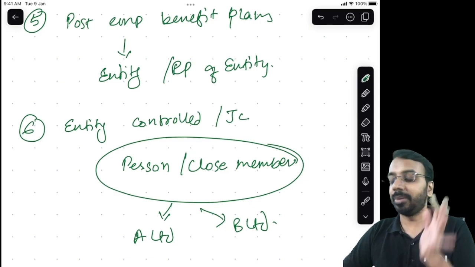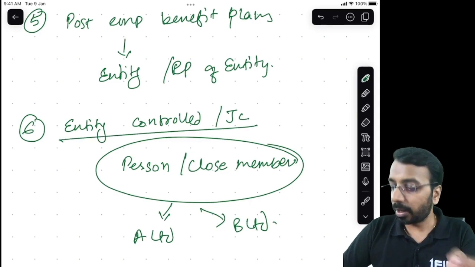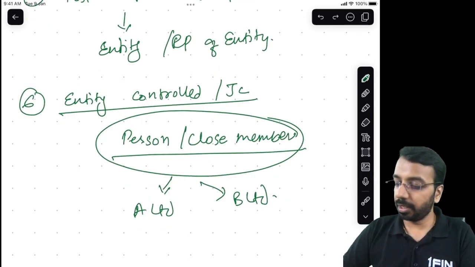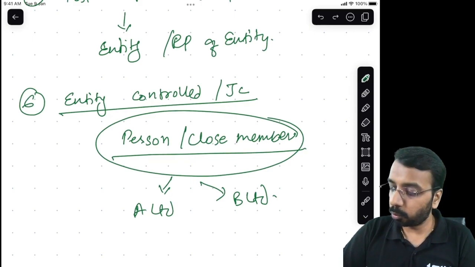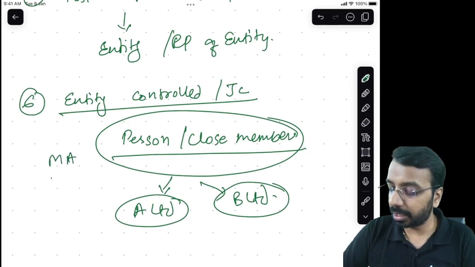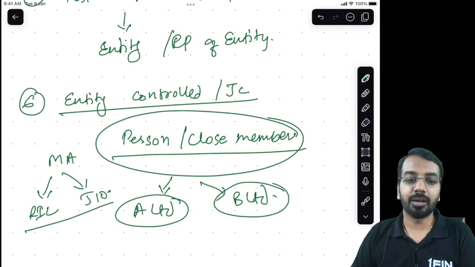A Limited and B Limited are related parties because, please understand, they are controlled by the person or the close member of the family. So if the same person is controlling A Limited and B Limited, let us say Mukesh Ambani controls Reliance Industries Limited and let us say Jio, then these are related parties.